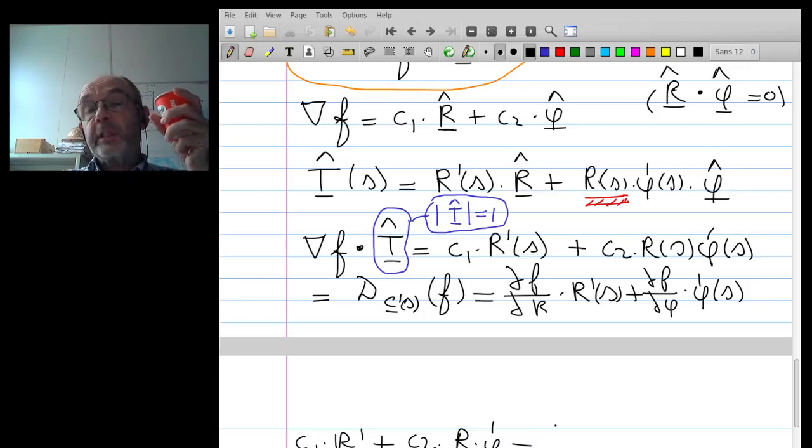That has to be equal to the partial derivative of f to r times the derivative of r plus the partial derivative of f to phi times the derivative of phi.